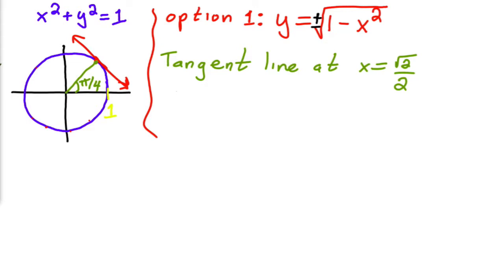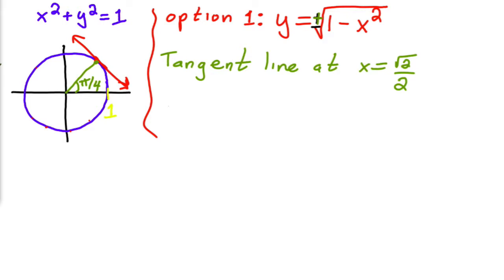So I'm going to let you guys do that because I want you guys to try that now. Get the tangent line at root 2 over 2. Now in this case you would use the positive square root because you're talking about the tangent line up here.